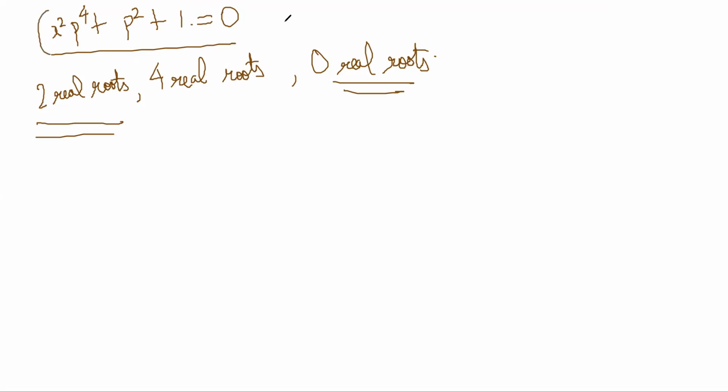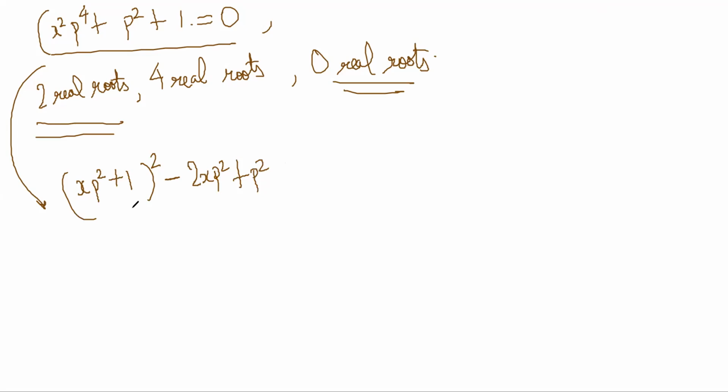Okay, so one possible solution that I can see is, see, this, can it be written as a perfect square of something? x p square plus 1 whole square minus 2x p square plus p square, right?